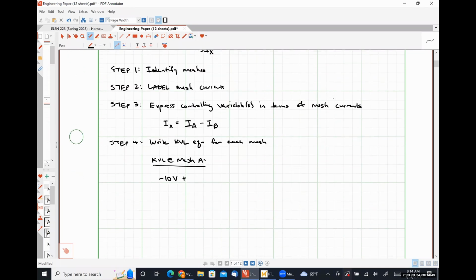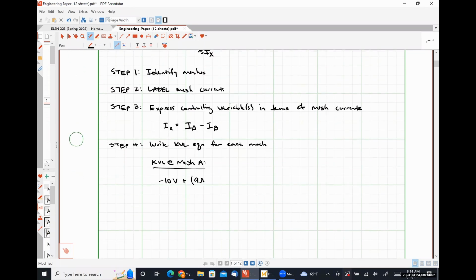So when we're writing our KVL equations, we are going to assume that the current that we are following is flowing into the positive polarity terminal of any resistor that we see. So that's going to mean that all of our IA terms in this first equation should have a positive sign. And when we're writing a KVL equation for any other mesh, all of our IA terms are going to wind up having a negative sign because we're following a current flowing in the opposite direction.